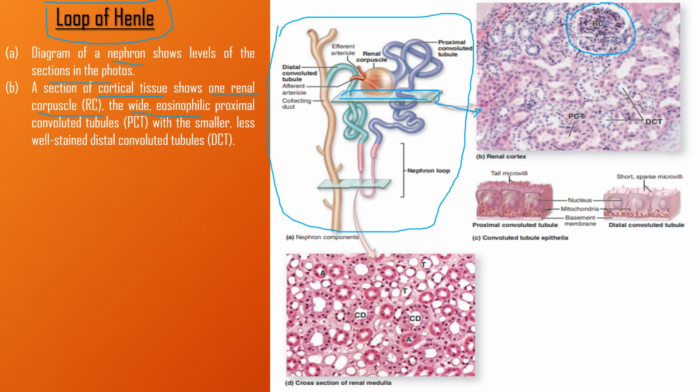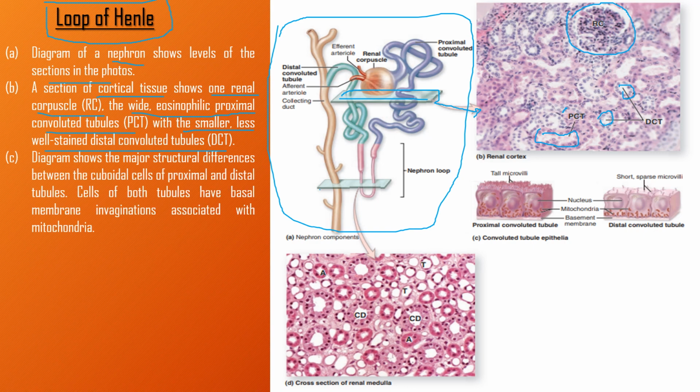As you can see, this is the wide eosinophilic proximal convoluted tubule, with the smaller and less well-stained distal convoluted tubules. This is the distal convoluted tubule, as you can see in this image.